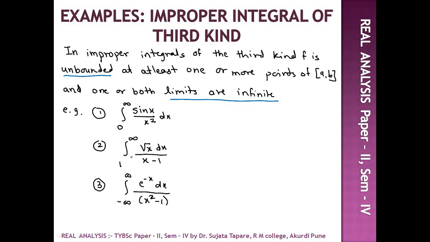The function in the first case, sin x / x^2, is unbounded at x = 0, which is the lower limit. The second one, root x / (x - 1), is unbounded at x = 1, which is again the lower limit. And the third one, e^(-x) / (x^2 - 1), is unbounded at x = plus or minus 1, and this plus or minus 1 belongs to the interval minus infinity to infinity.